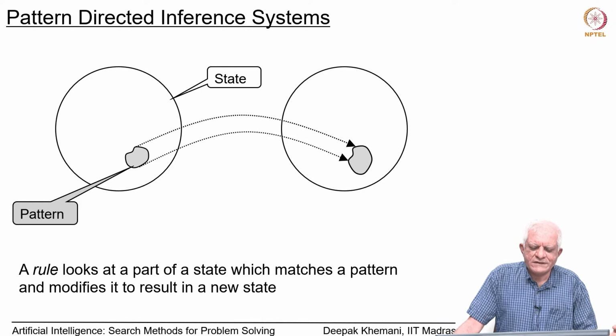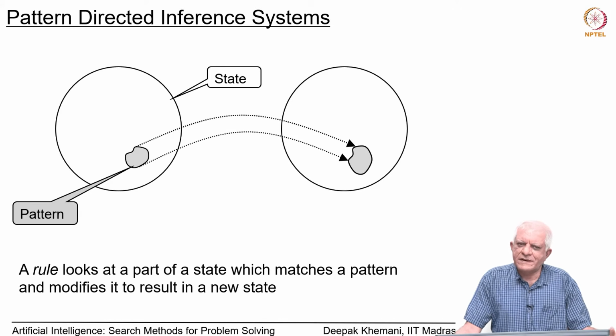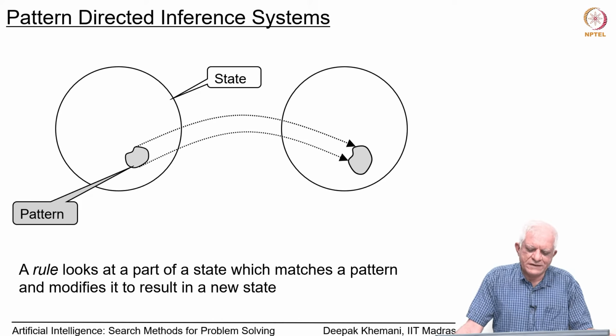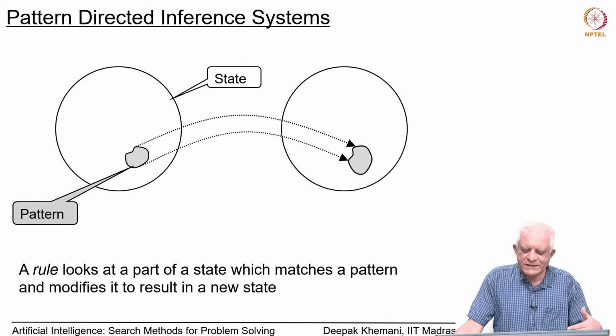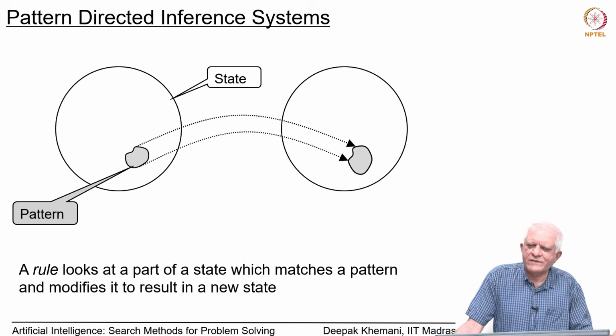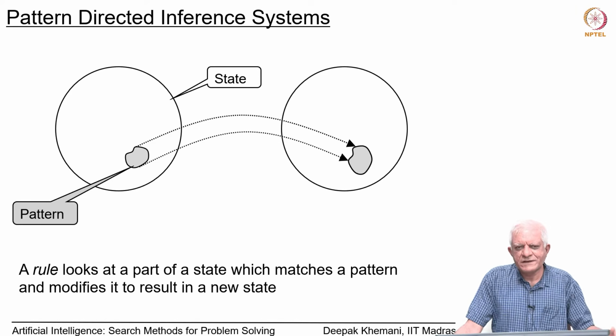There was this area which at some point used to be called pattern directed inference systems, because essentially you looked at patterns in some representation, and based on the pattern you associated rules or actions with them, and the rules or the actions would modify something which was related only to that pattern. In this diagram, the state may be a much larger entity, and if you are doing a move from one state to another, you may be modifying part of a state to something different in the final state.